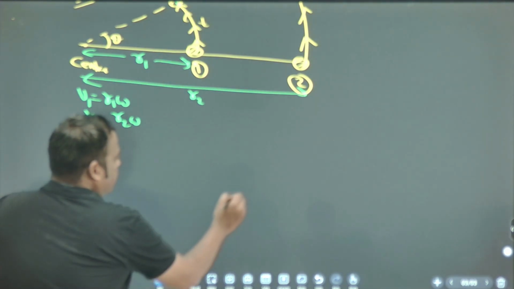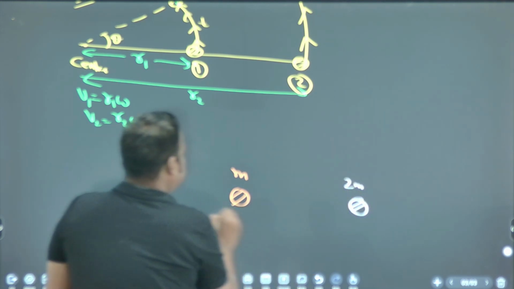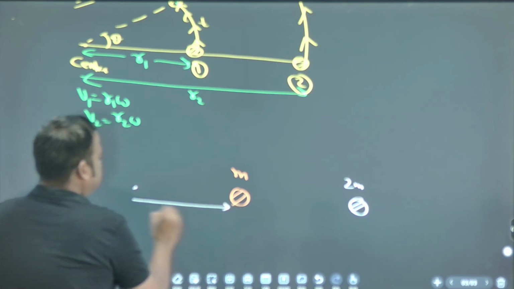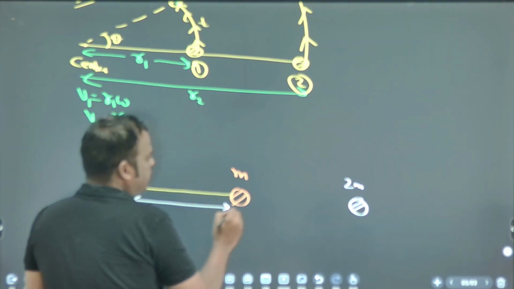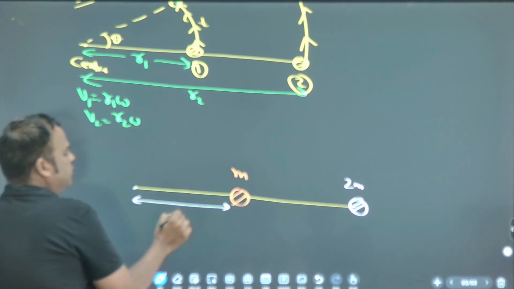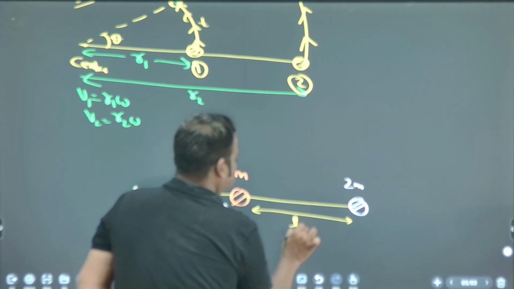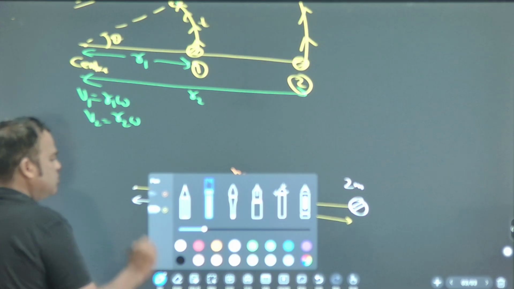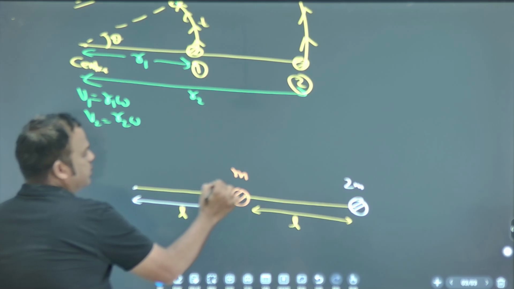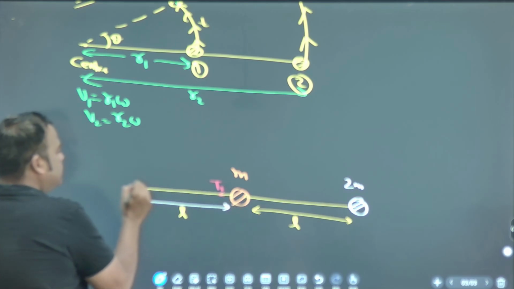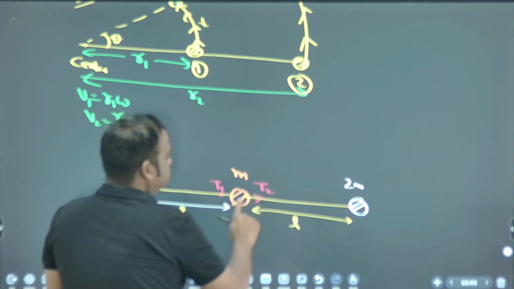Suppose these are the two balls, masses m and 2m. This is string 1, string 2. Length of string 1 is L, length of string 2 is also L. So for M, T1 will act towards center, this is the center, and T2 will act away from center.